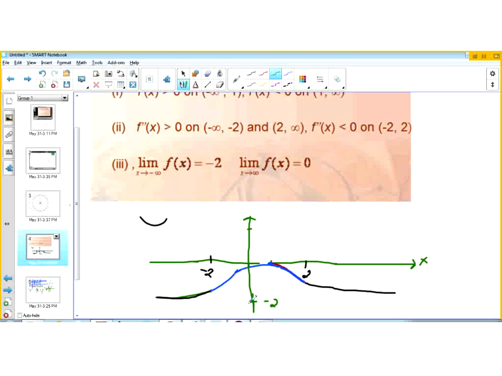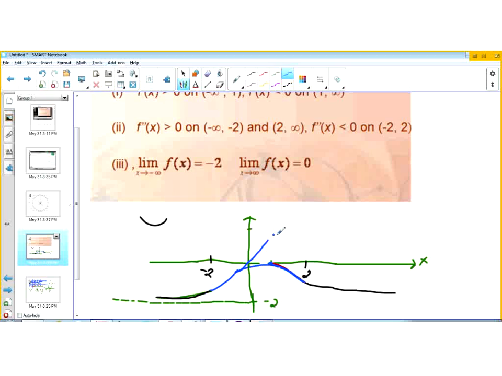All right, so here's -2, so that would mean we would need a horizontal asymptote this way. Okay, and the limit as x approaches infinity must equal 0.